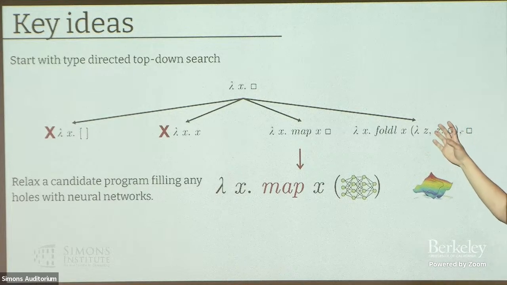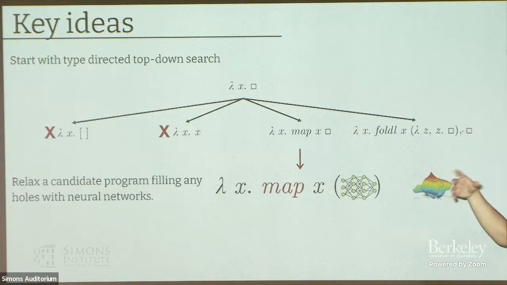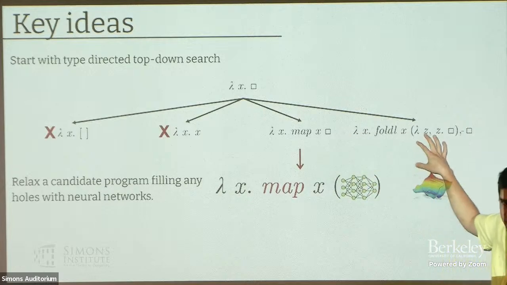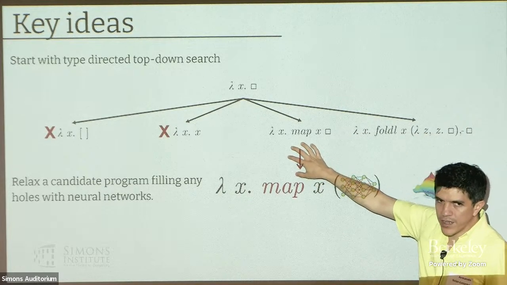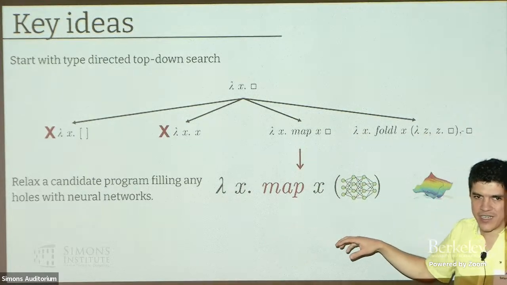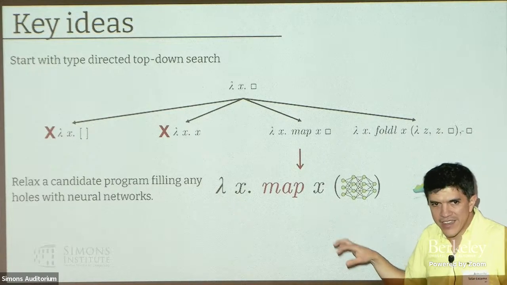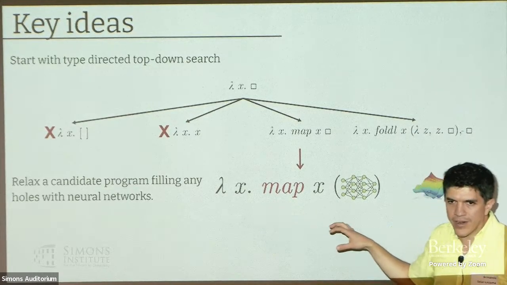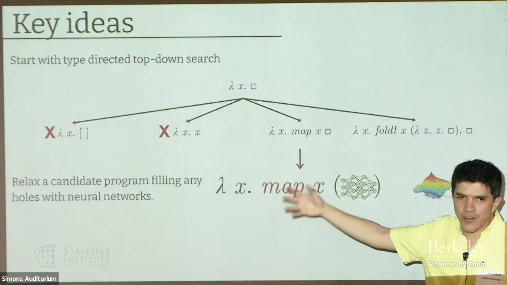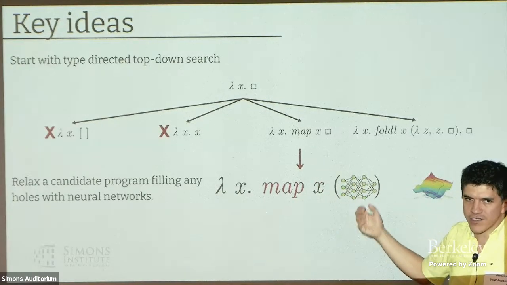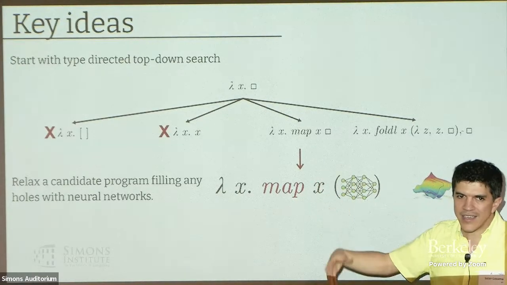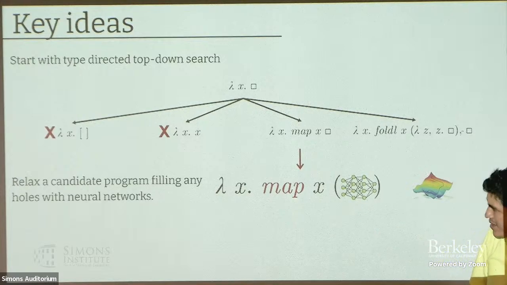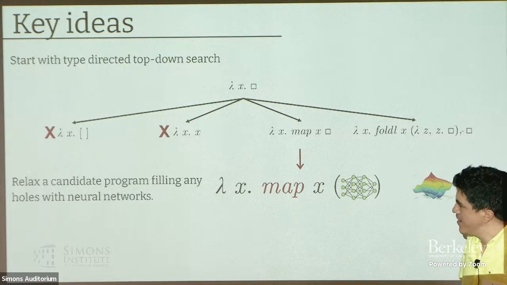So what happens? It means that your heuristic is kind of misleading you a little bit. You will think that this one is more promising than this one. But this one, you will expand it, and you will start generating concrete programs out of these. And some of those concrete programs eventually are going to be just concrete programs with no holes that you get to evaluate and say, yeah, this is good, or no, this is not good.